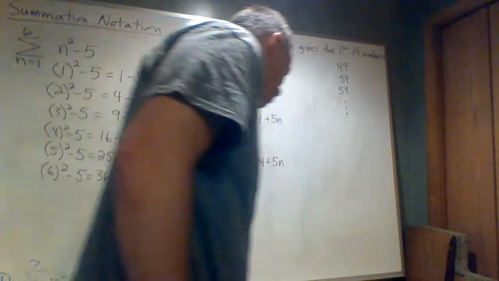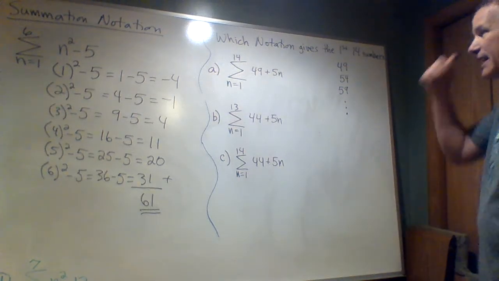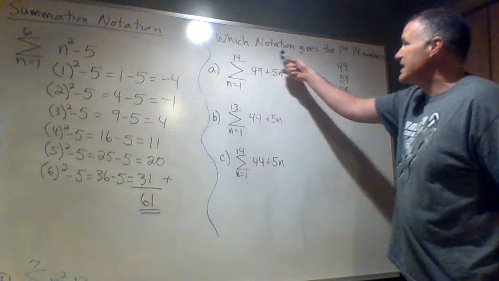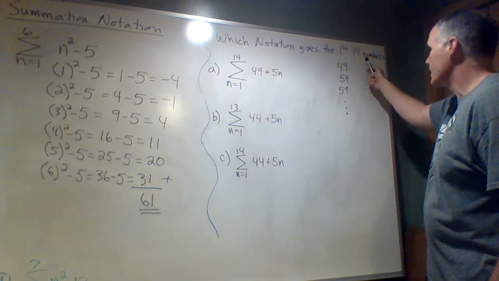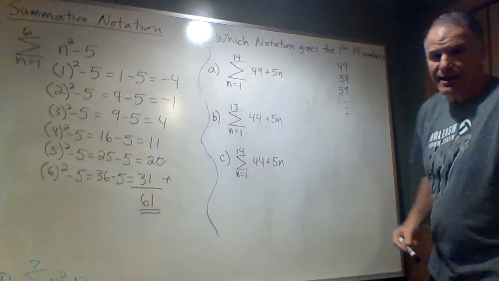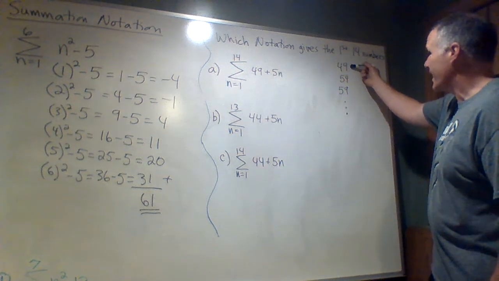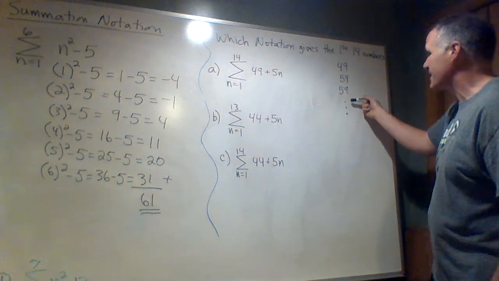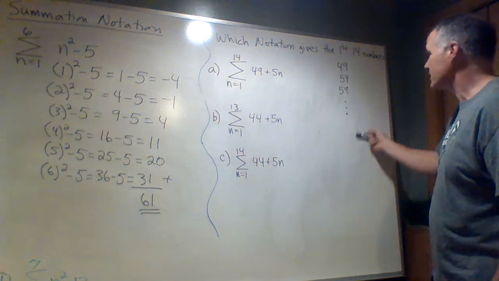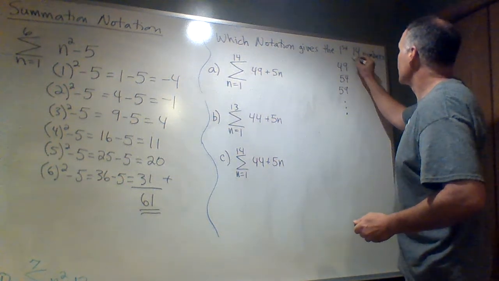They obviously like multiple choice. Everything has to be multiple choice. So what they're going to give you is something like, which of these notations would give you the first 14 numbers in this pattern? And they give us just the first 3: the first number is 49, the second number is 54, the third number is 59, and there are 14 numbers in all.